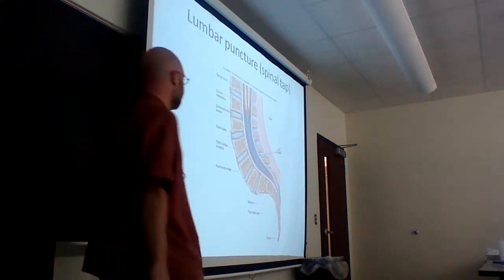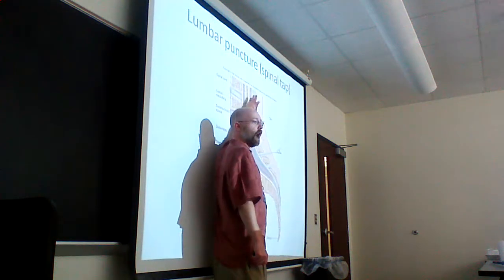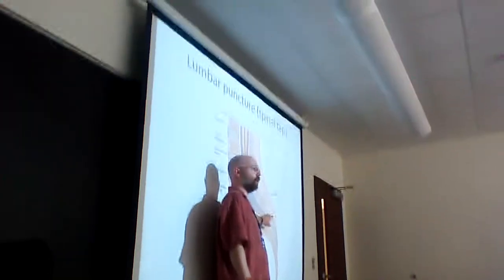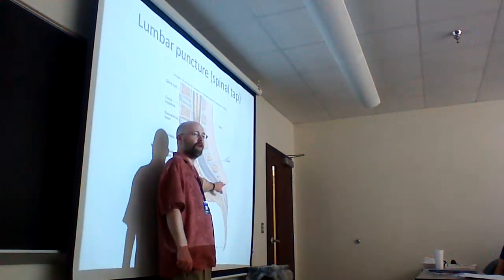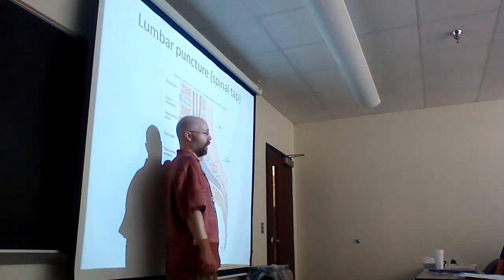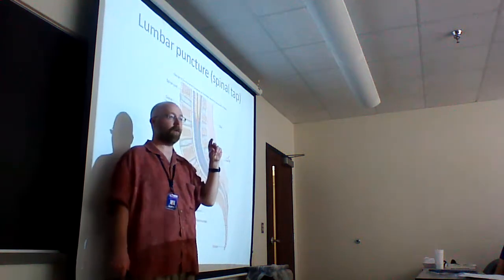So one of the interesting things here is that the spinal cord stops before you get to the end of the vertebral column, right? And a lot of people didn't realize that coming into this class. The spinal cord stops usually in the vicinity of the first or second lumbar vertebrae.